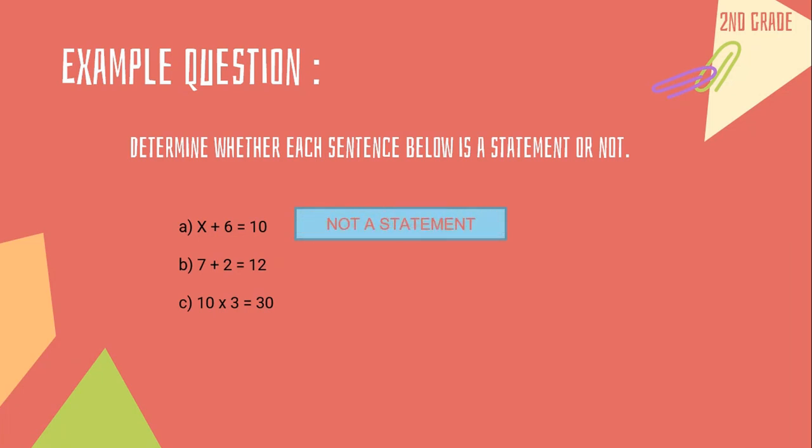Okay, next, 7 plus 2 is equal to 12. So in this equation, we know that 7 plus 2 is not equal to 12, so it is false. So if we can know the truth value of the sentence, then it is a statement. Okay, lastly, 10 times 3 equal to 30. So it is true, so it's a statement and it is a true statement.